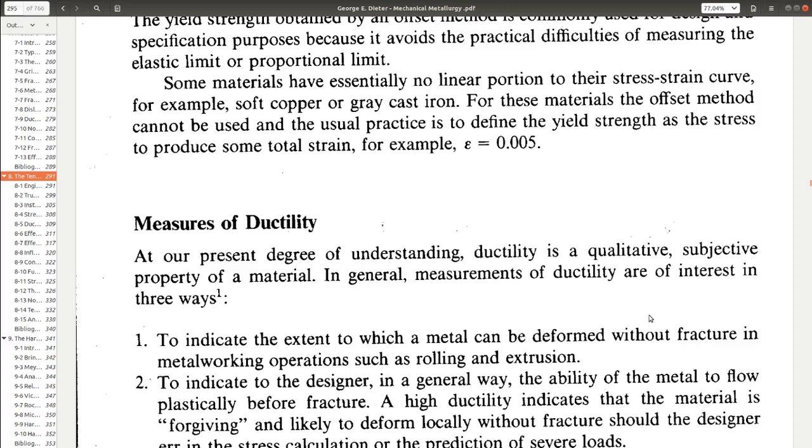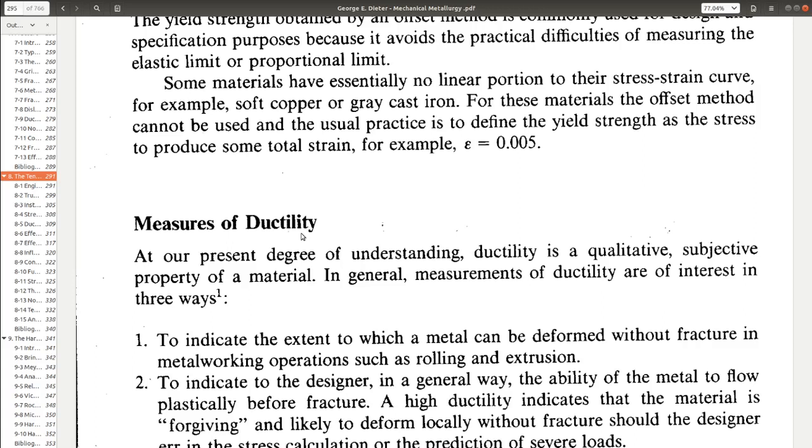How much I could deform it before it breaks, that's the measure of ductility. And why do we need it? So that we get to know whether I could change the shape of that material from one form to another.